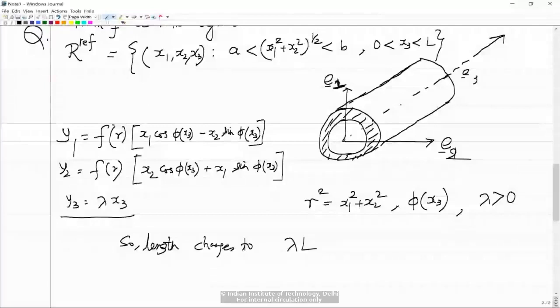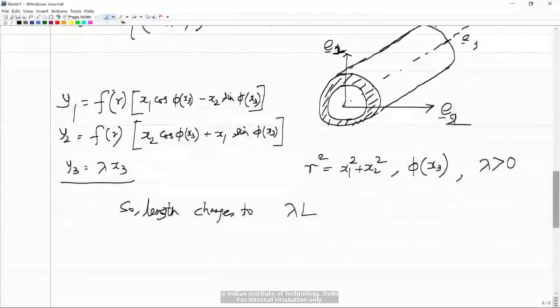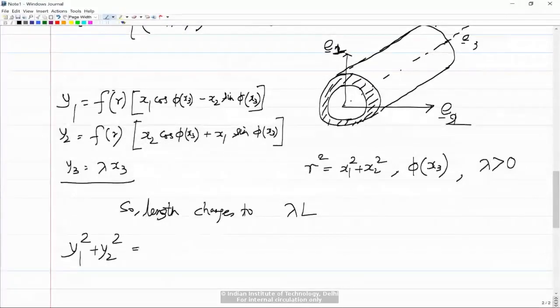What else is happening? Let us try to see it more carefully. So if we do y1 square plus y2 square, then what do we get? It is simply f square into x1 square plus x2 square.